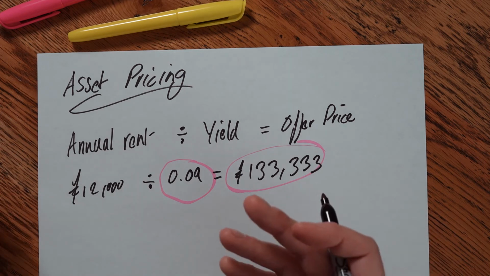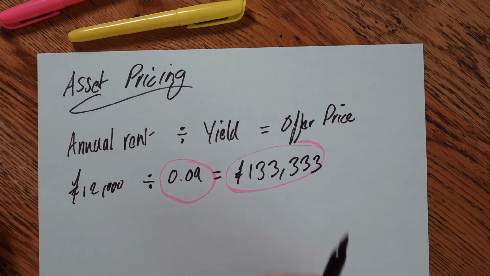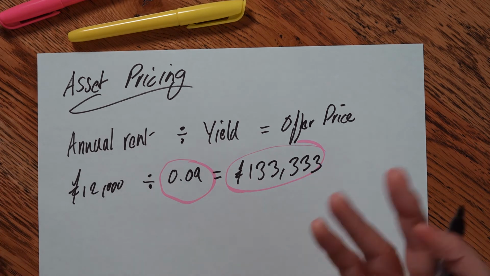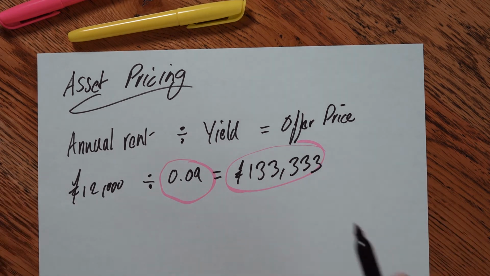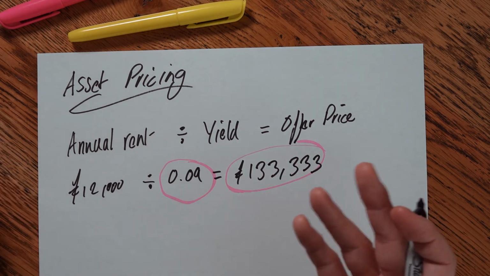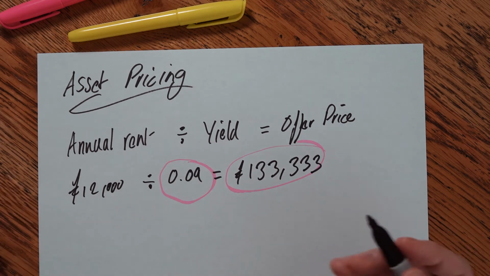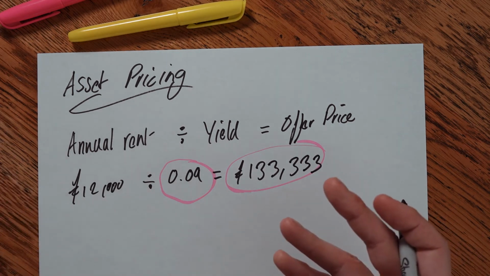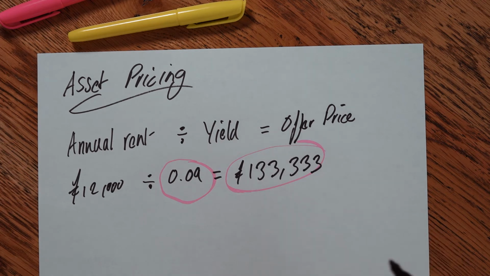So with asset pricing, I'll be using this one to work out how much I'd want to make an offer on a property based on the target yield that I'm looking to make, or to value a property that I already own based on how much income it's generating, or if I wanted to sell this property to an investor and I was offering this property at a certain yield amount. So if I was saying it was going to be a 7% yield or an 8% yield, what would the price be?